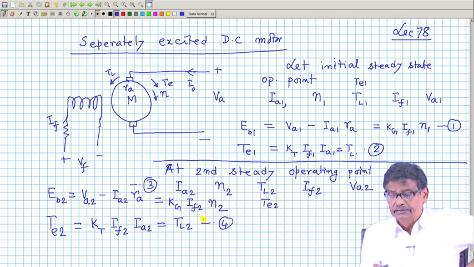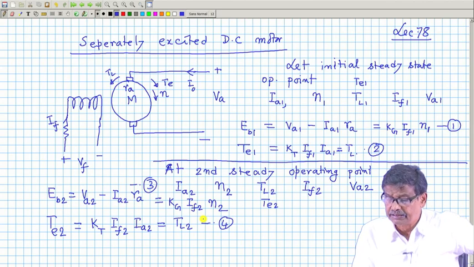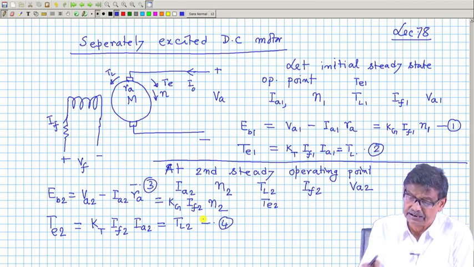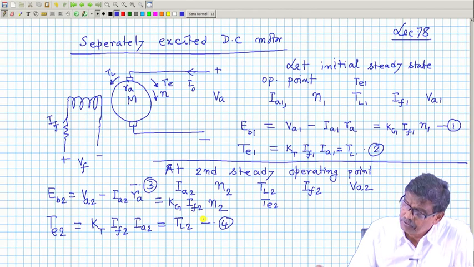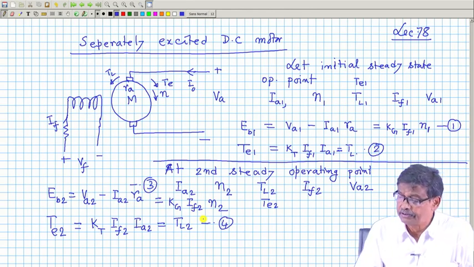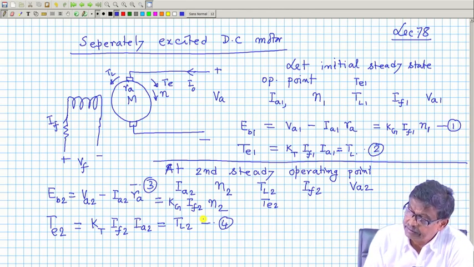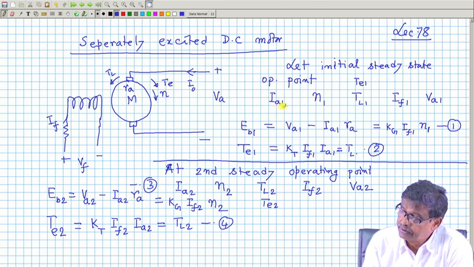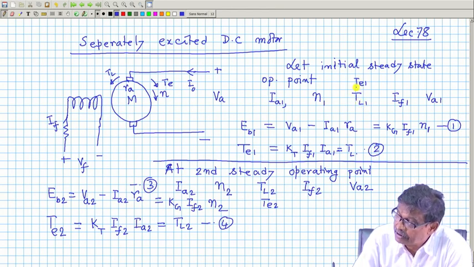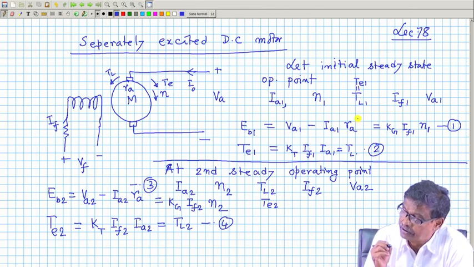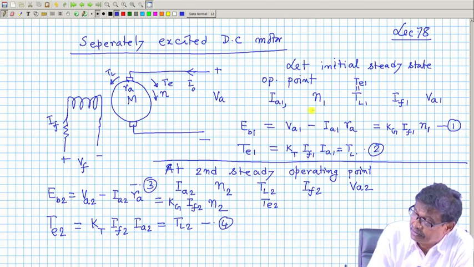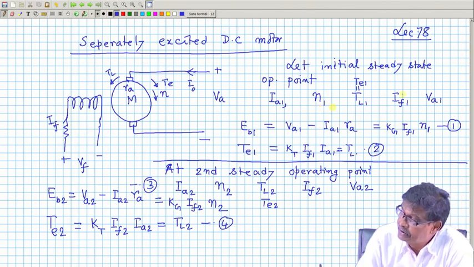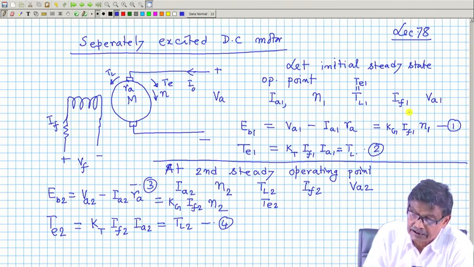So, for a separately excited motor, this is the general condition, with applied voltage VA and IF. Suppose I observe that the motor is running at a steady condition, drawing armature current IA1, running at speed N1, with load torque TL1, and it must have developed the same electromagnetic torque T1, so T1 and TL1 are the same. That is why it is running at a constant speed. IF1 and VA1 are the corresponding field current and armature voltage.